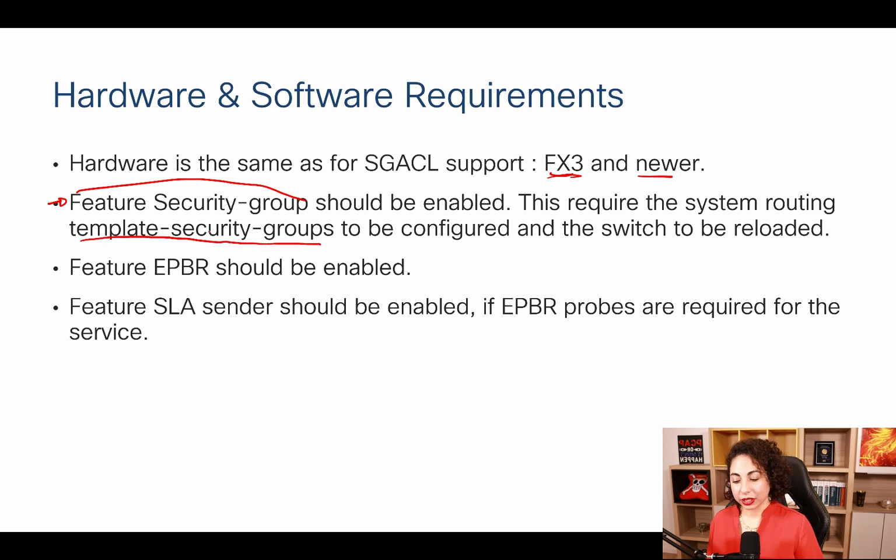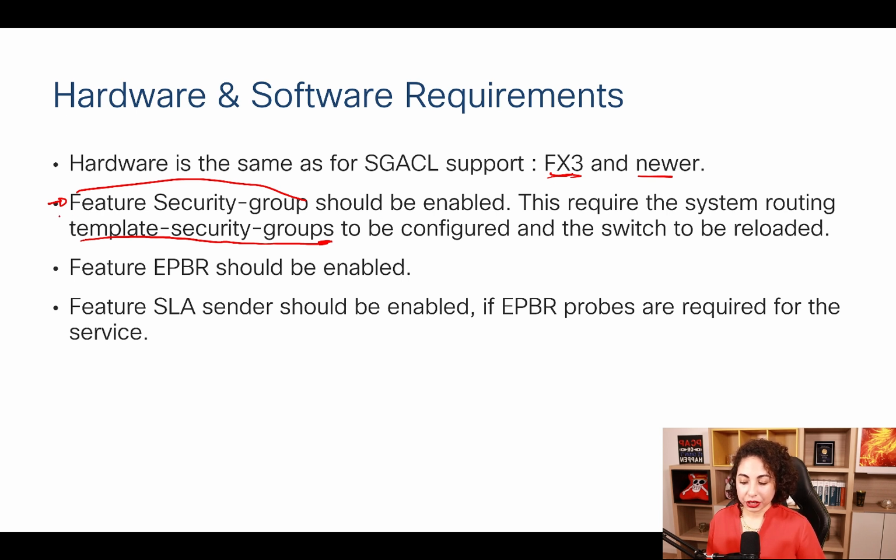When we change to this template, we need to reboot the switch, and this template itself requires an SSD repartition. So what we can do is configure the template and then do the SSD repartition, which triggers the reboot automatically. When the reboot is done, we are ready to go. We have the repartition and the template is enabled. Again, if you want to see more details, you can check the previous video with the lab environment.